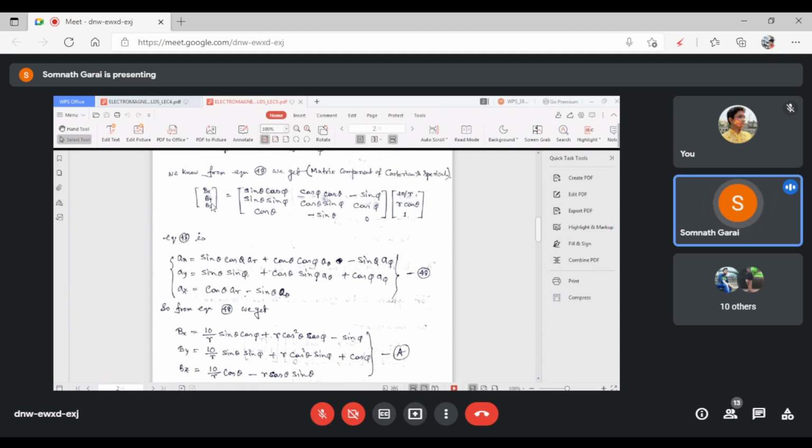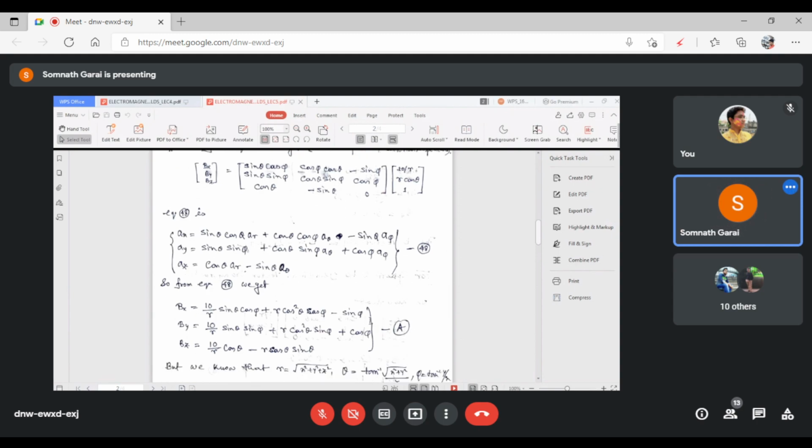By is equal to 10 by r sin theta sin phi plus r cos square theta sin phi plus cos phi, and Bz is equal to 10 by r cos theta minus r cos theta sin phi.